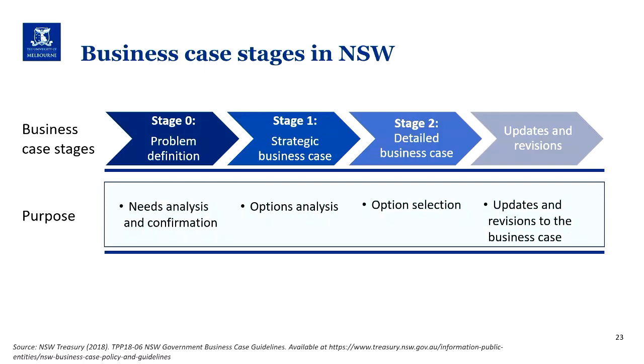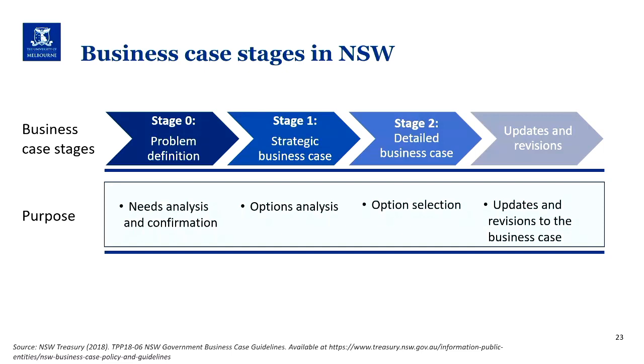Last time we were talking about the business case in the government of Victoria, but it's really, really similar, just with different words, but the process is the same. So here we have the needs analysis and confirmation. That is what we were talking about in the last lecture. And now we have the options analysis and the option selection.